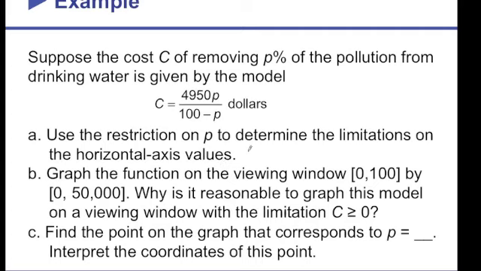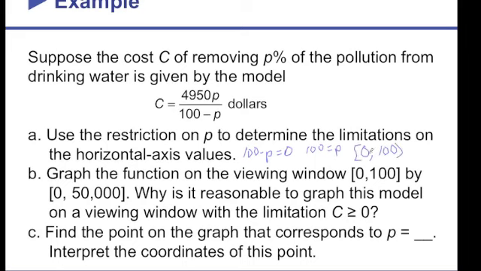Well, looking at the restriction on P, we have 100 minus P in the denominator. If that equals 0, then it turns out that 100 would equal P. So we have a restriction. We can't go below 0% or greater than 100%. In fact, we can't even have it equal 100%.